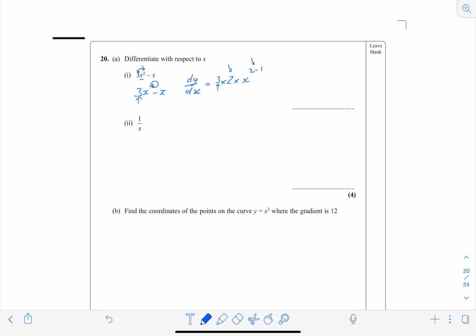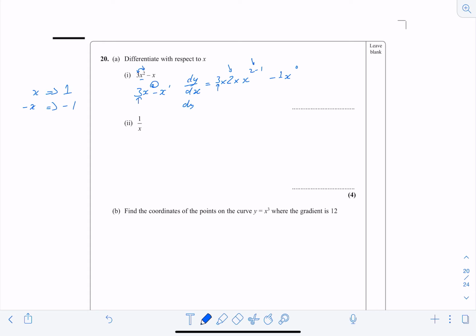So 2 minus 1. Minus, well, here we've got x to the 0, because x to the 1 minus 1 is 0, times by 1. So it's just going to be 1. So x differentiates to 1, minus x differentiates to negative 1, something that you can remember as well.